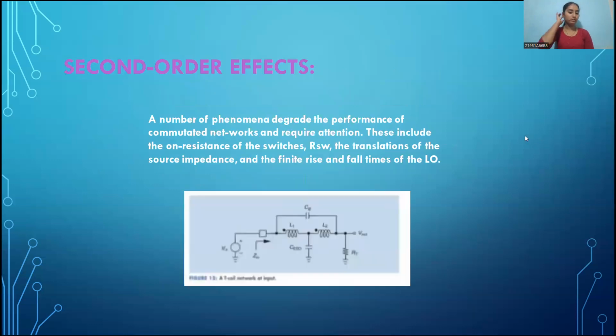Second order effects. A number of phenomena degrade the performance of commutated networks and require attention. These include the on-resistance of the switch RSW, the translation of the source impedance, and the finite rise and fall times of the LO.